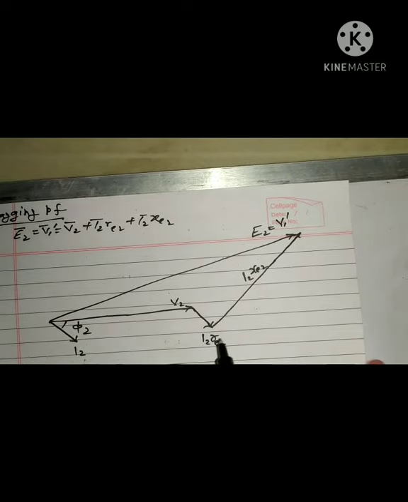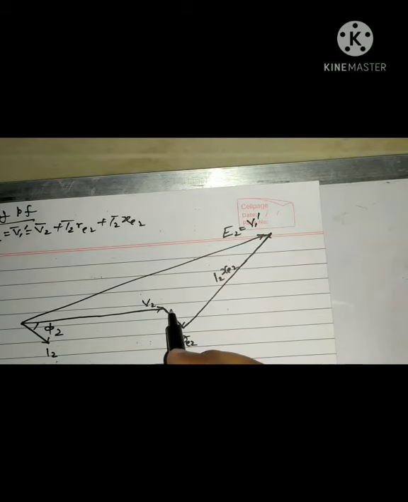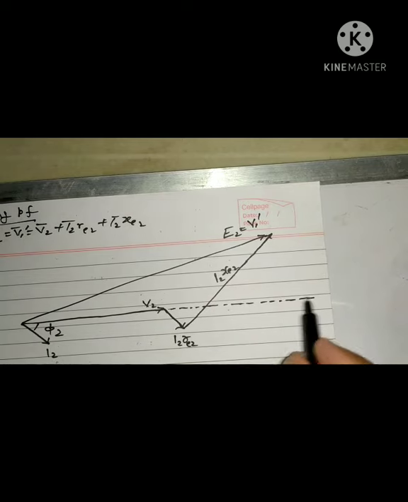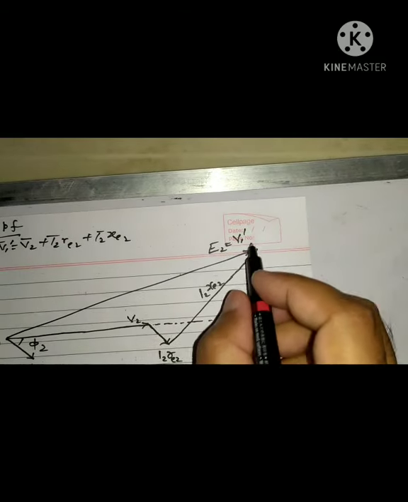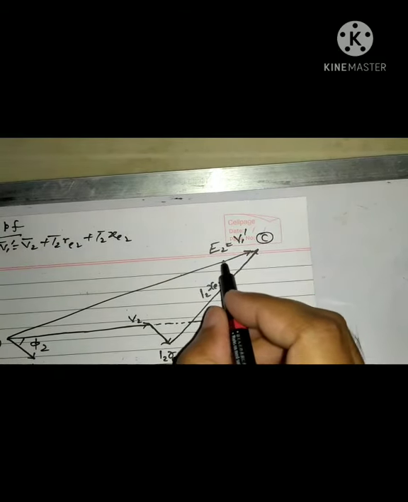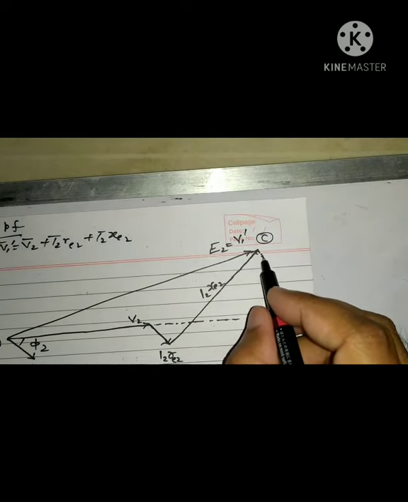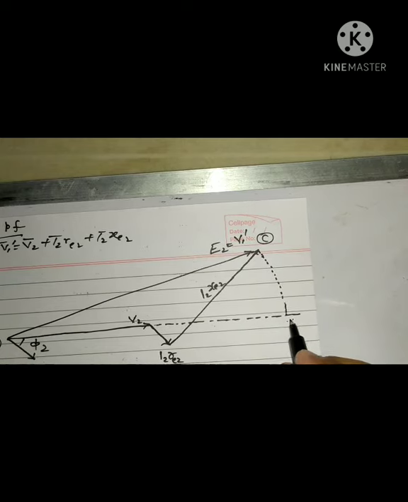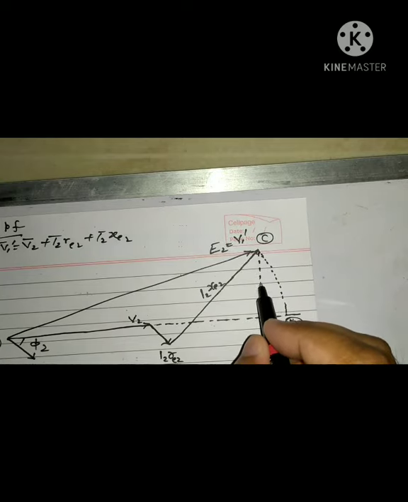So let me do an approximation. E2, which is the no load voltage, its exact value can be obtained if I take an arc from origin, say this is O point, from here say this is C point. OC is nothing but E2. Its projection I can take by taking the arc. So this is E point, right? And I will do approximation.